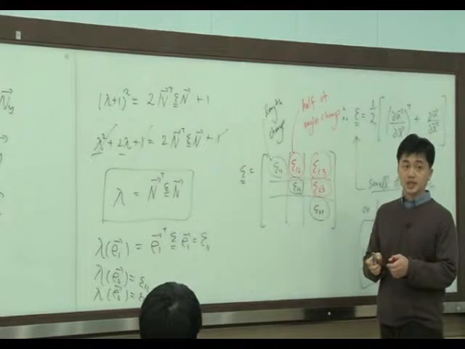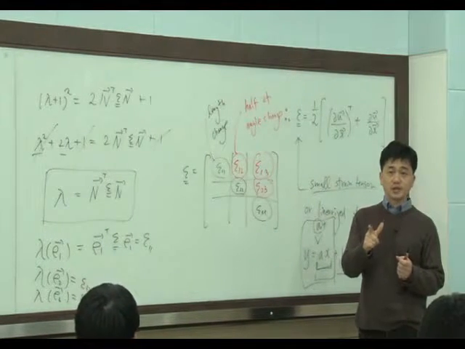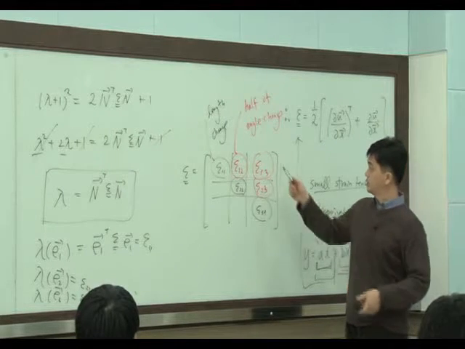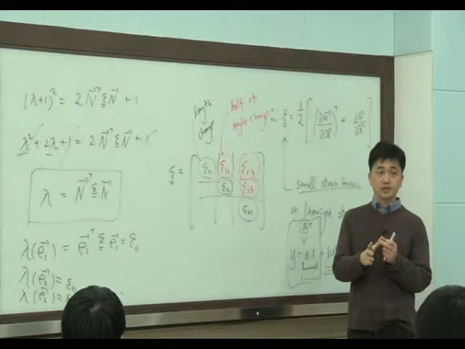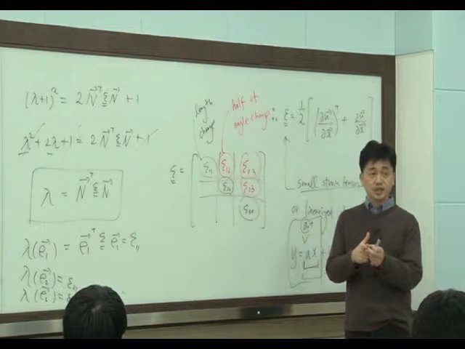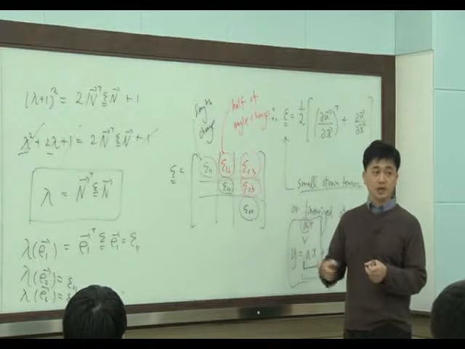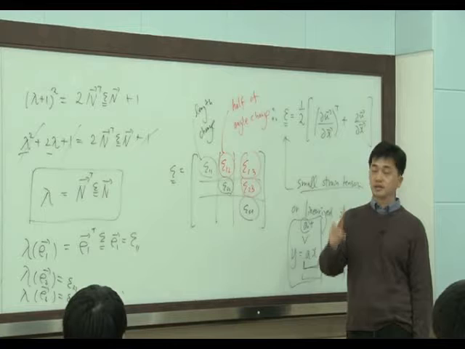E12 is a half of the angle change between two vectors, E1 and E2. Strain 1,3 is a half of the angle change between E1 and E3. And this is a half of the angle change between E2 and E3, right?